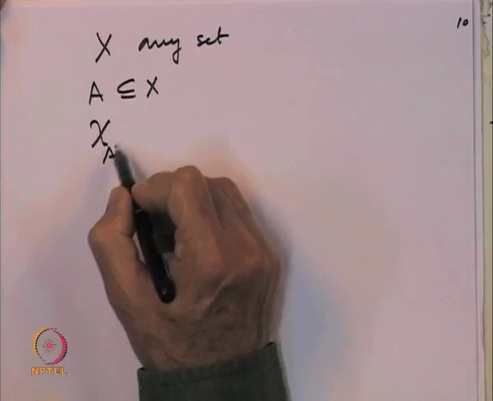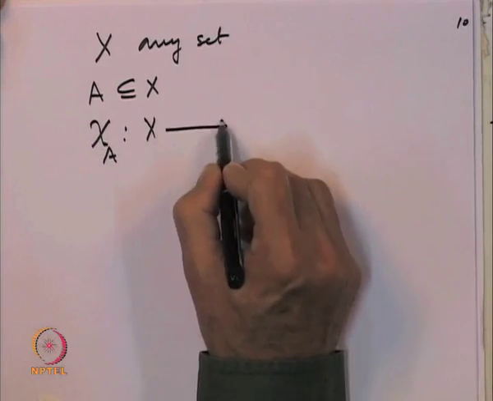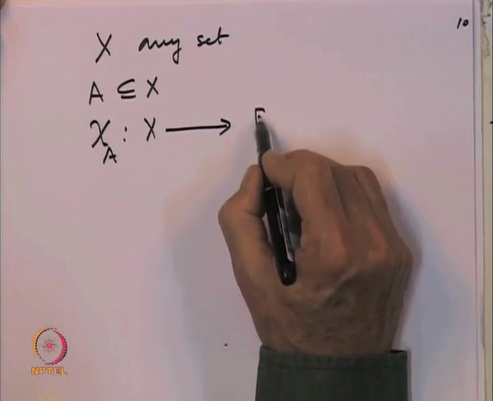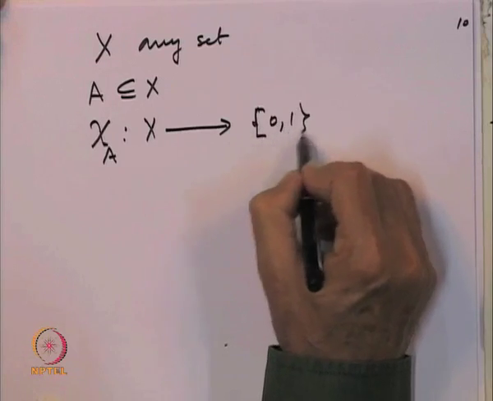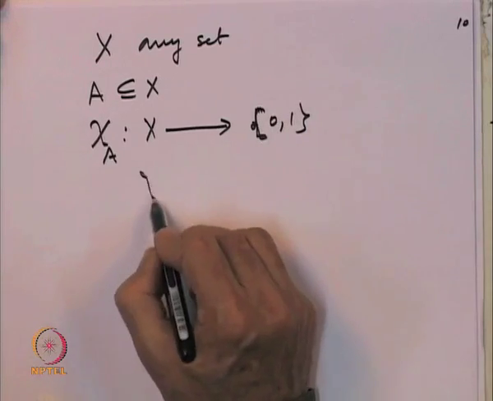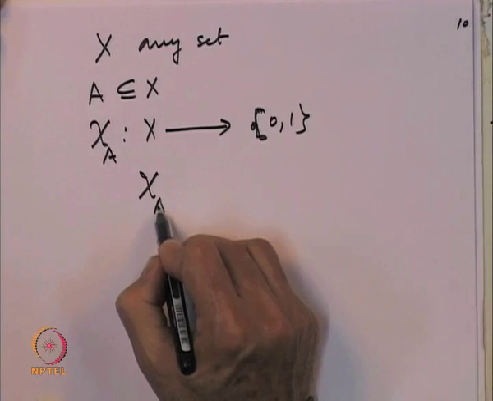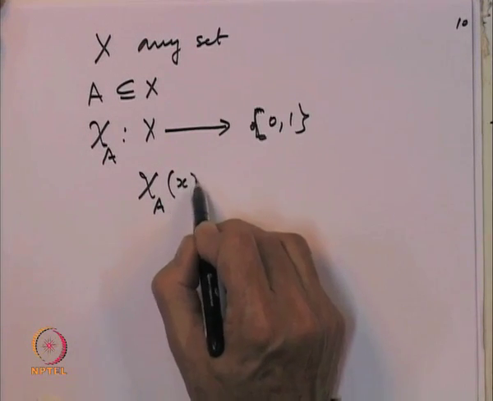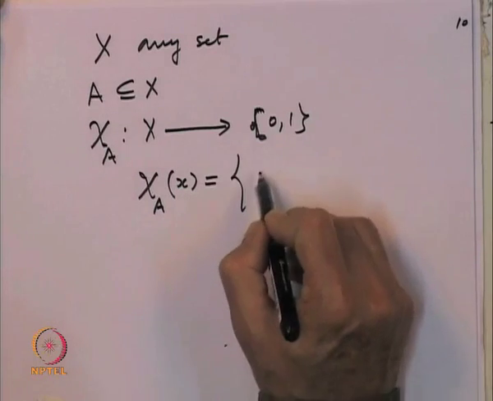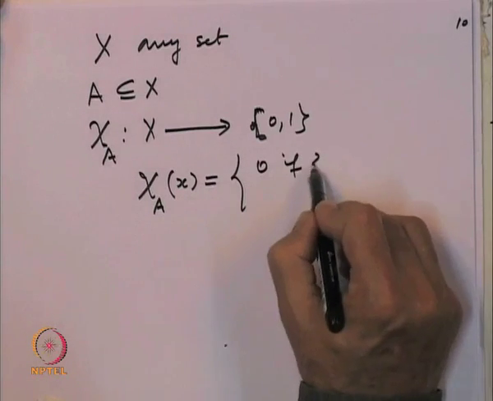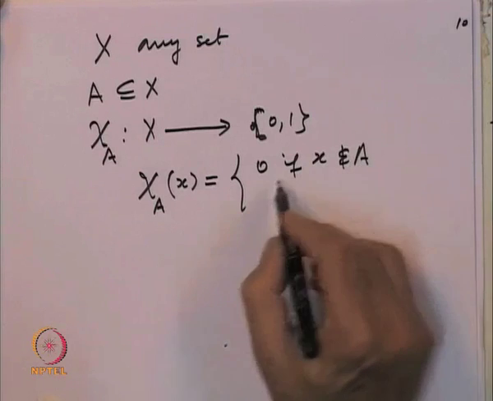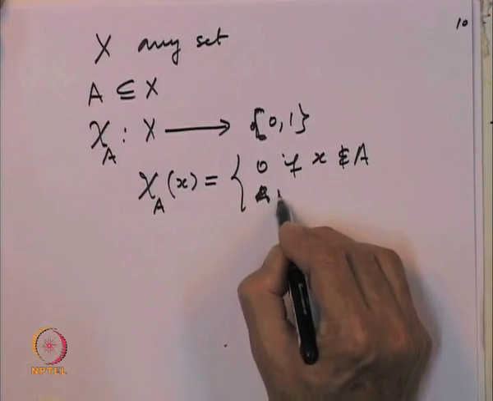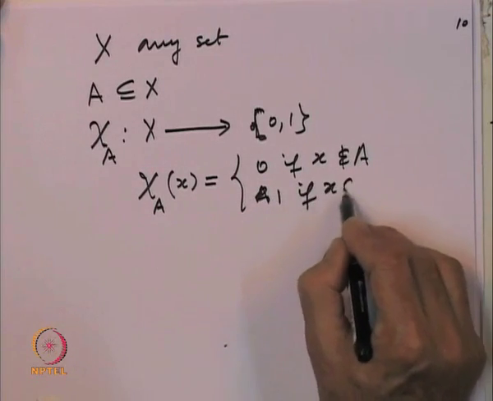So, with lower suffix A, a function on X taking 2 values 0 or 1. So, this is called the characteristic function or the indicator function. So, this function takes the value at a point x, the value is 0 if x does not belong to A, and the value is 1 if x belongs to A.